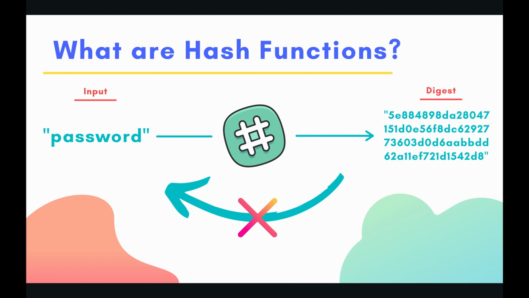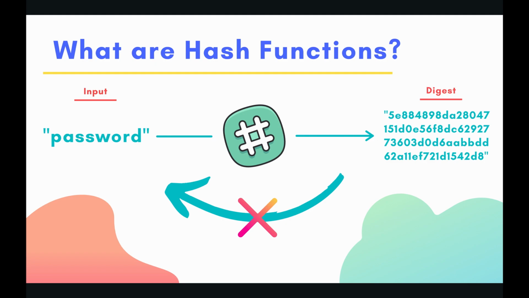Key point number two is that hash functions are a one-way road. They can only go from input to digest, but it is mathematically impossible to go from a digest back to an input. This is really cool in terms of security.